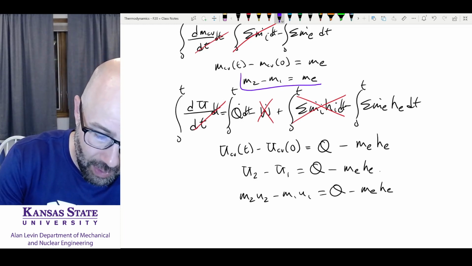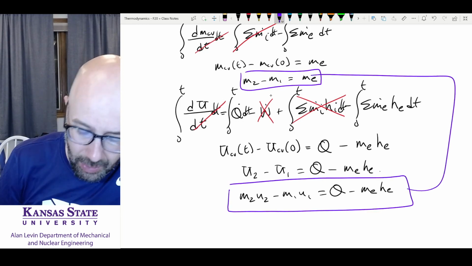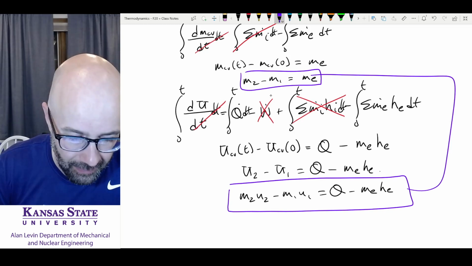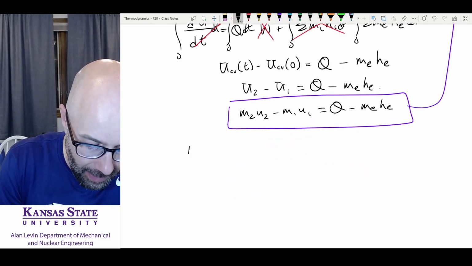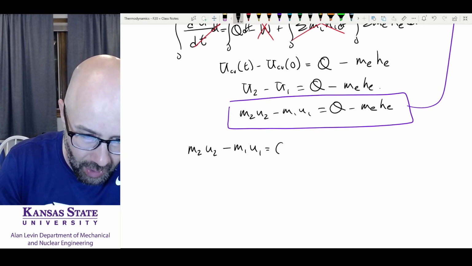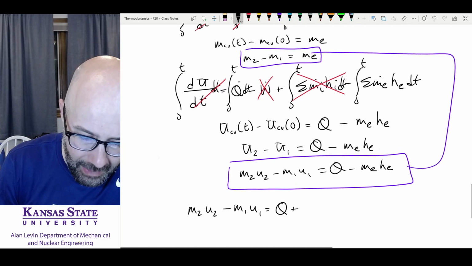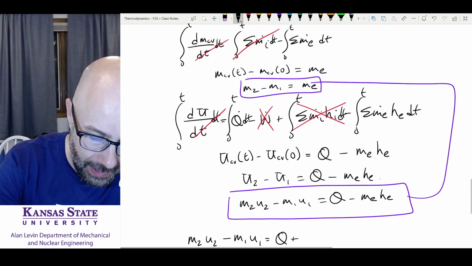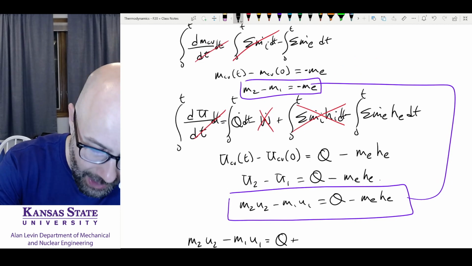So we have these two equations that we have gotten ourselves down to, and now we want to put them together. If we put them together, we get that m2 u2 minus m1 u1 is equal to Q plus, let's see here. Oh, I made a mistake, didn't I? This should be a negative mass exiting, because this negative has to come down here.